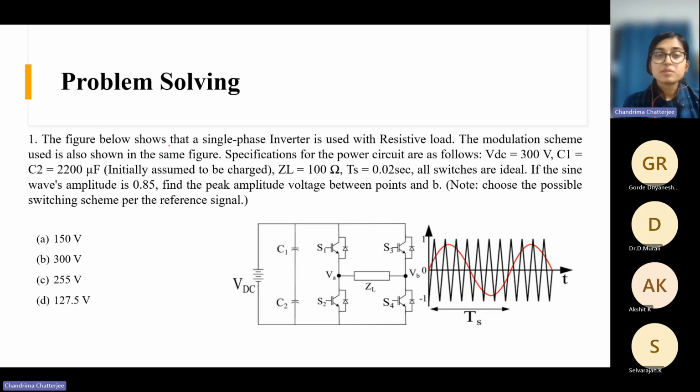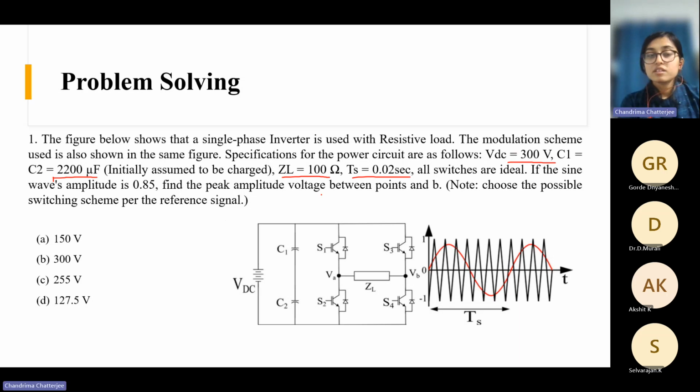So the figure below shows that a single phase inverter is used with resistive load. The modulation scheme used is also shown in the same figure. Specifications are given: VDC 300 volt, C1 and C2 2200 microfarad. The load impedance is 100 ohm. Time period is 0.02 second. All switches are ideal.